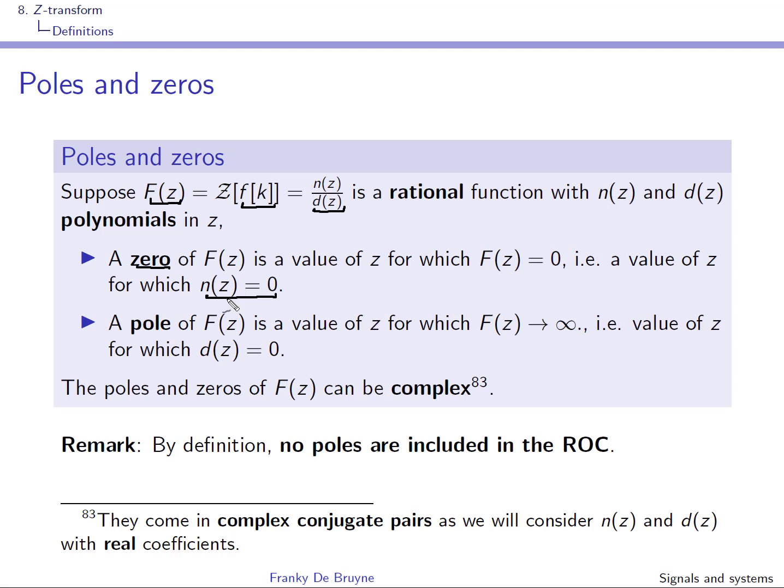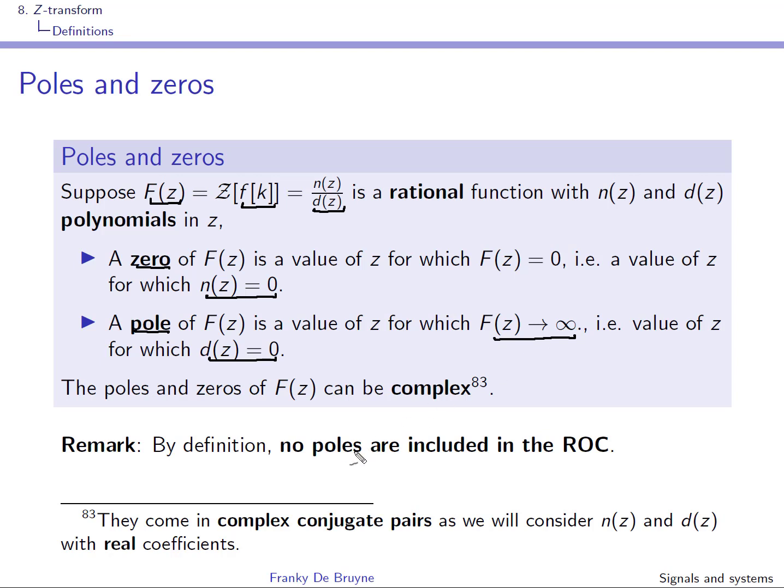A pole of f of z is a value for which f of z tends to infinity. That is a value of z for which the denominator polynomial is 0. The poles and zeros of f of z can be complex, but if they are complex, they are going to be complex conjugate pairs, because we assume here that N(z) and D(z) are polynomials with real coefficients.